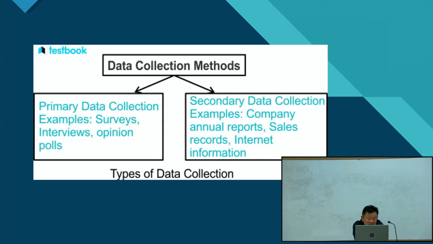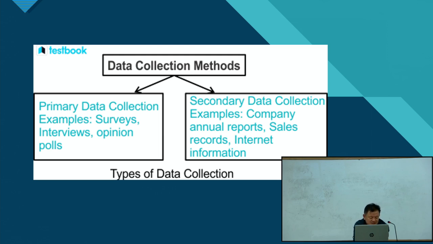The other picture shows data collection method divided into two types: the raw data, which we call primary data, and secondary data, which we make through manipulation. So there are two types of data collection.